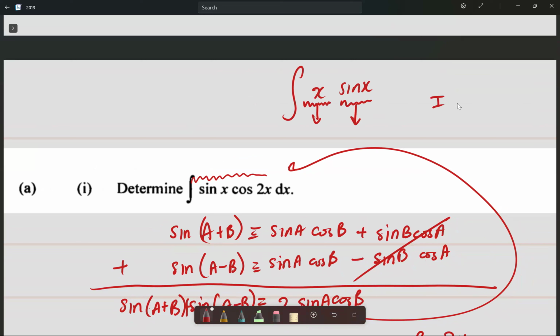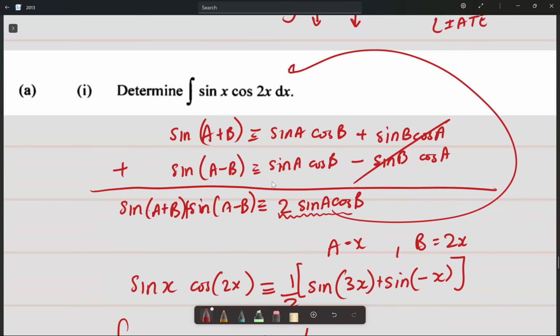If you guys have learned ILATE or LIATE, doesn't matter the order, it's whenever you have two different things. But when you have trig here, the expectation is that you should know this identity. You should actually just know it out of your head. But this is how you derive this identity.